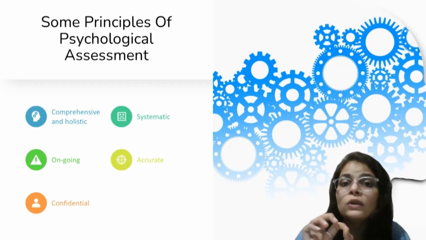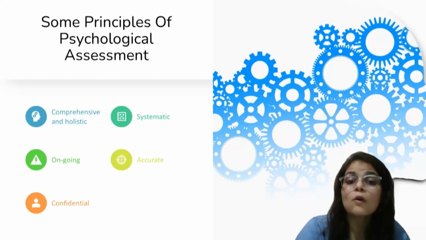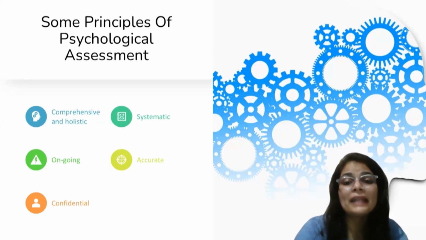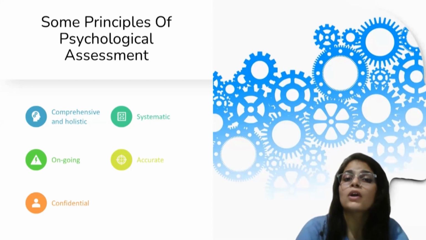So personality can only be understood as a whole, not as its parts. Thus, all the relevant aspects need to be taken into account while assessing personality. In taking a holistic approach, one should integrate all the aspects of the individual's life. The socio-cultural context of the individual also needs to be considered.